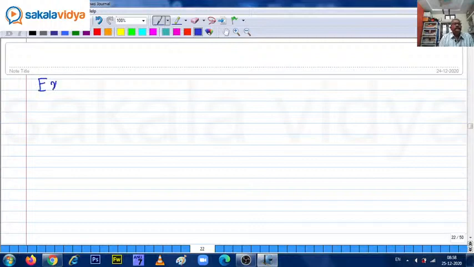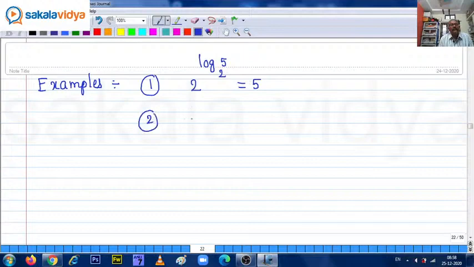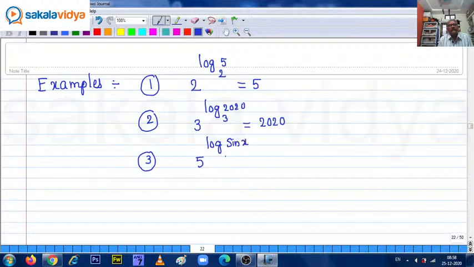Examples. First example, 2 to the power of log 5 to the base 2, you can write 5. Now 3 to the power of log 20 to the base 3 is 20. Next, 5 to the power of log sin x to the base 5, you can write sin x.